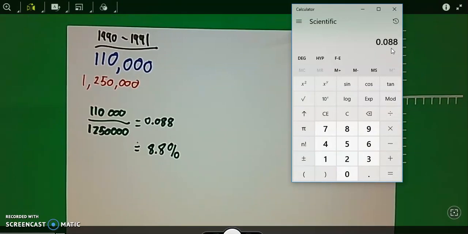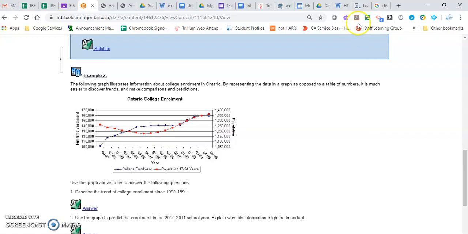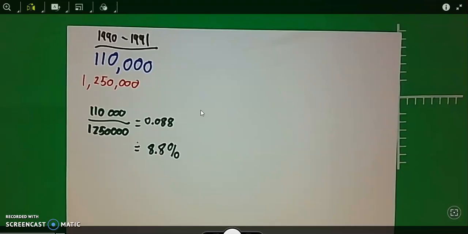Now let's go and check the information for a more recent date. So let's look at the year 2005-2006. Oh, we don't have information for that. But somewhere here, yes we do, right over here. So we'll see that the blue line, which is representative of college enrollment, is at 160,000. So let's write that down.